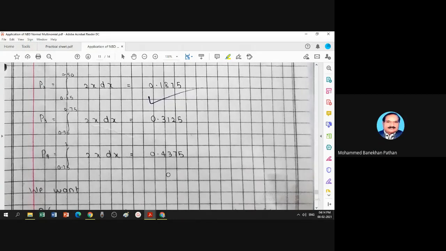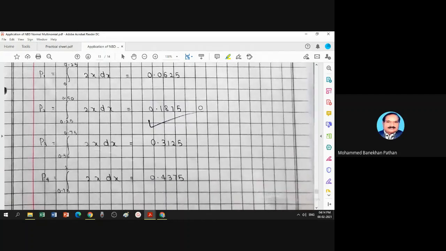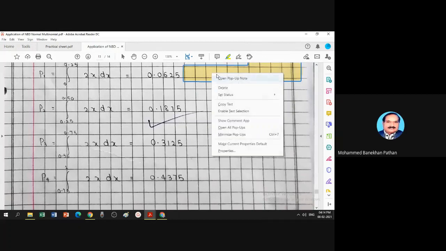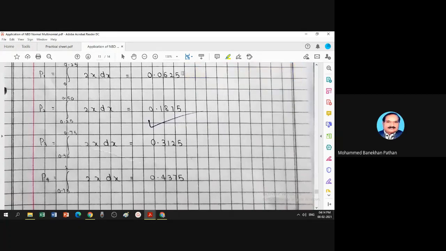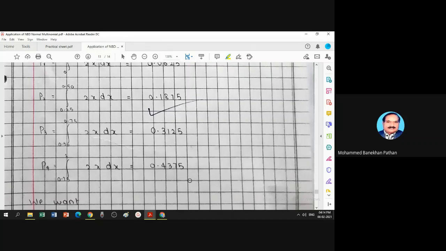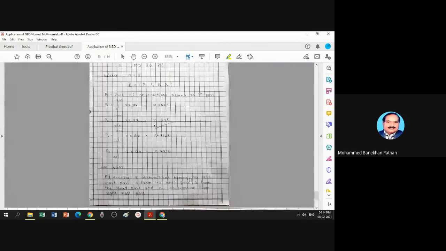The total of P1, P2, P3, P4 should be 1 as per the condition of multinomial.